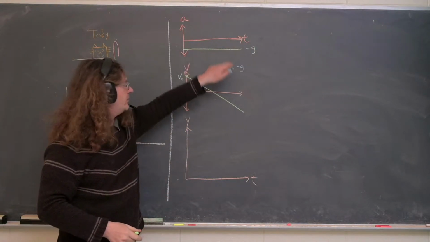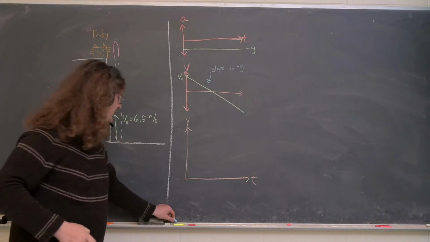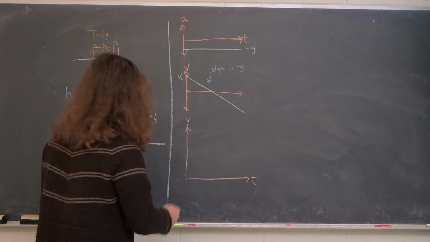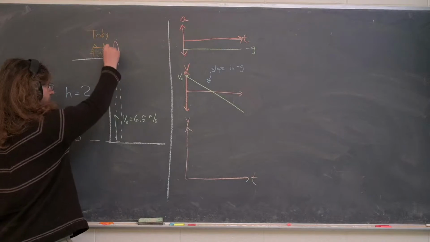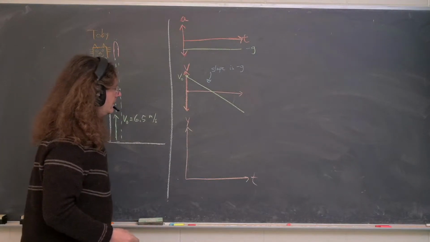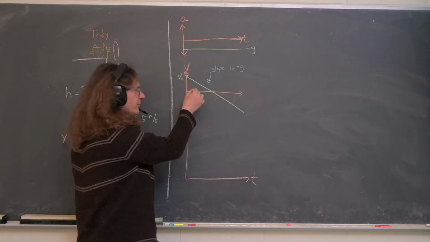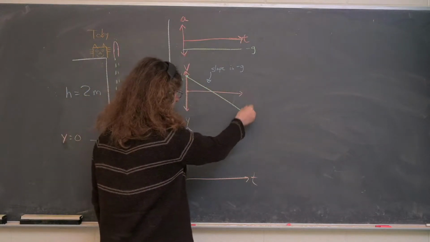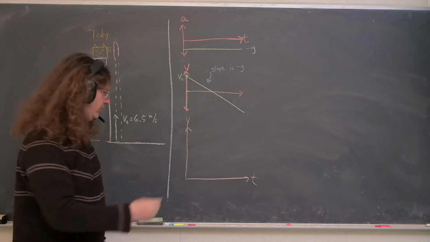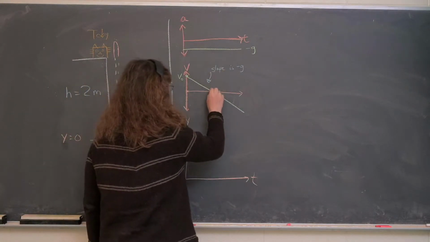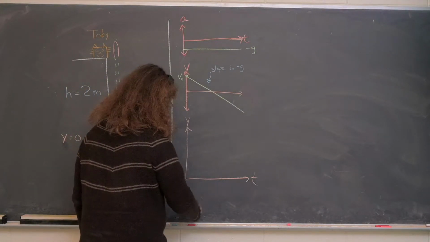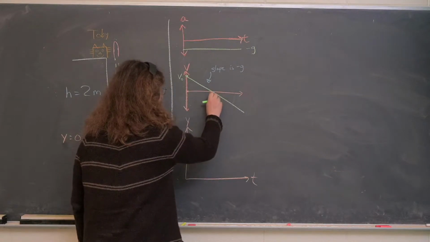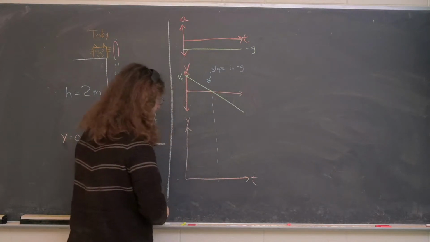So a constant negative acceleration gives you a constant negative slope. And, well, this goes up into the air and comes back down. We know that a graph with a slope that begins positive starts to go up and then ends negative, then goes down. This point here is the apex of the thing's motion.